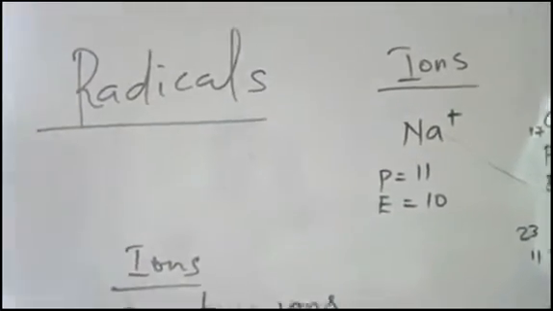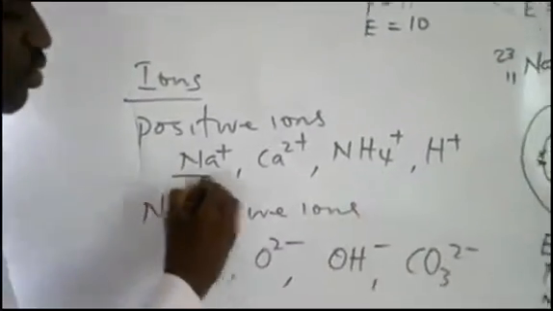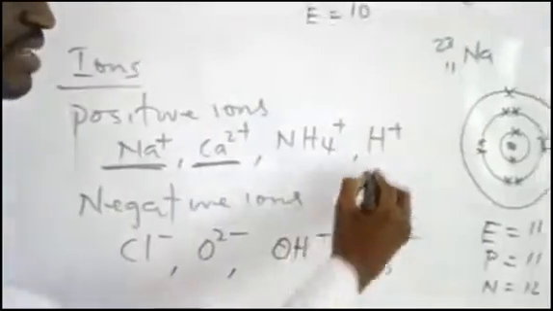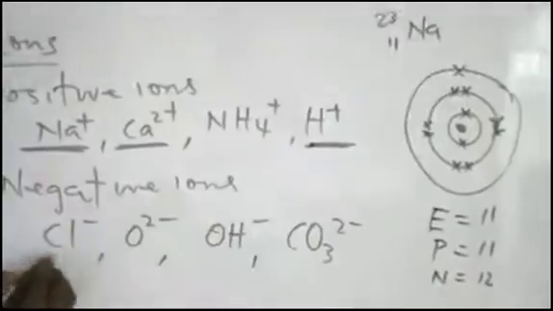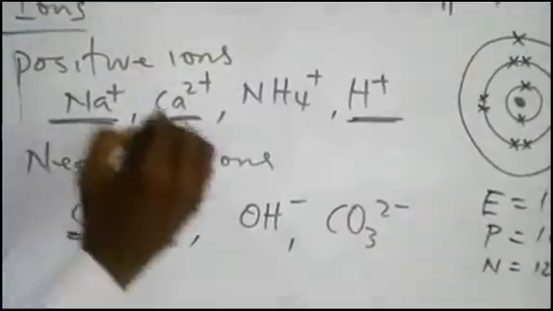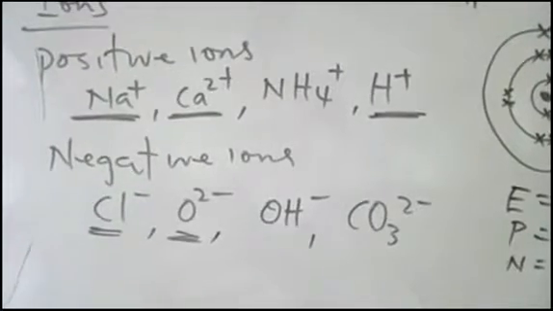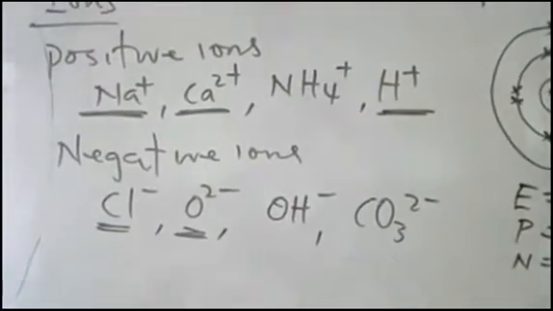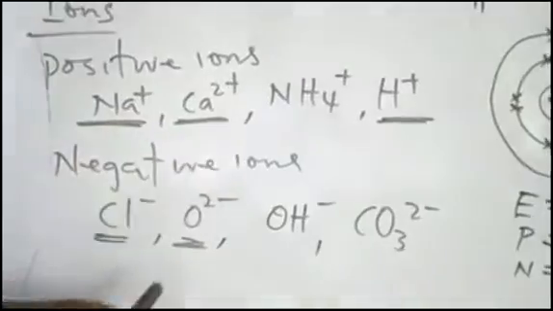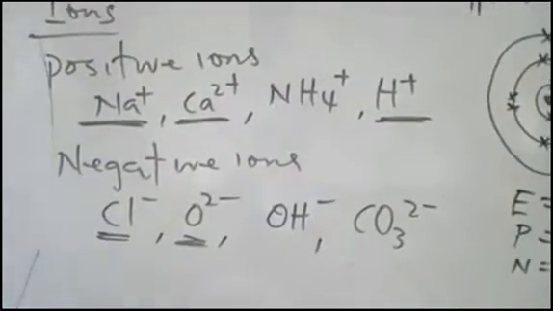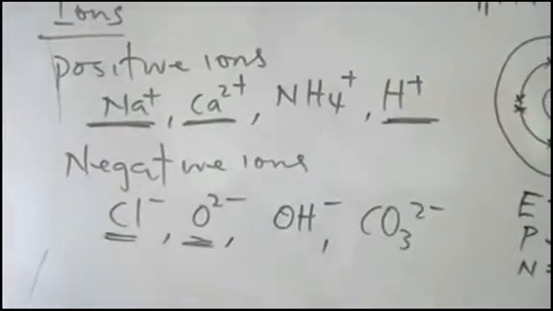If you see these ions that we have here, each one contains the ion of a single element. Those ones we just call ordinary ions. But ions that contain atoms of two or more different elements are the ones that we call radicals.